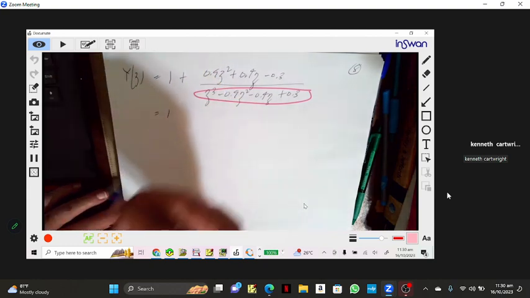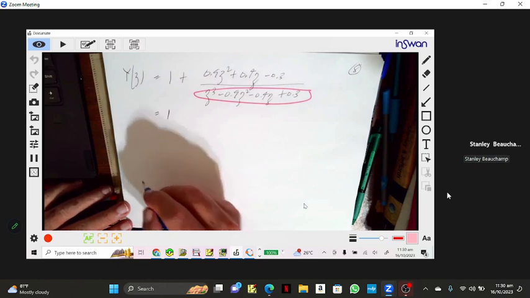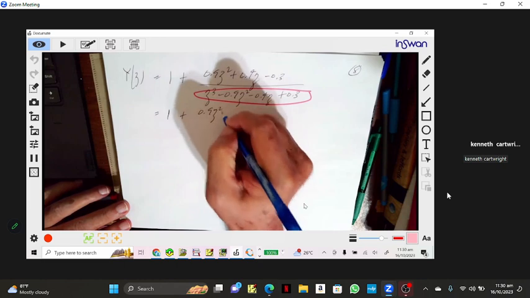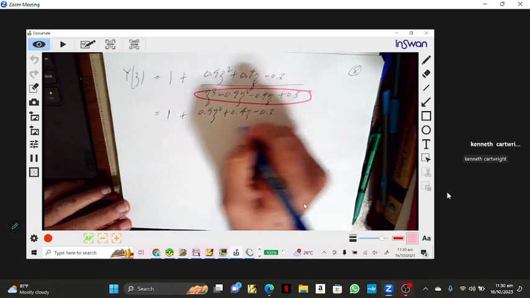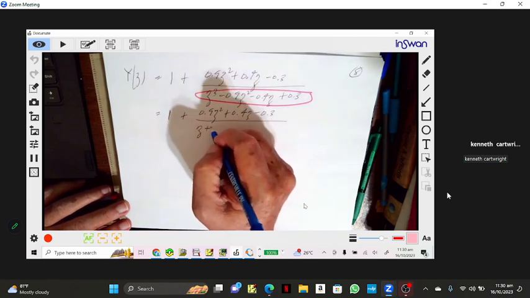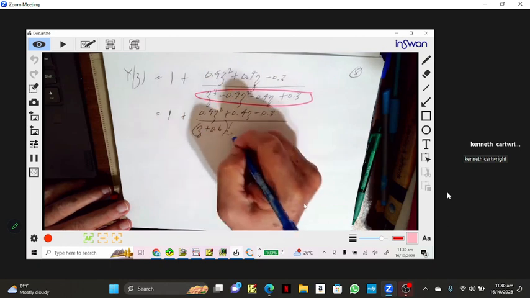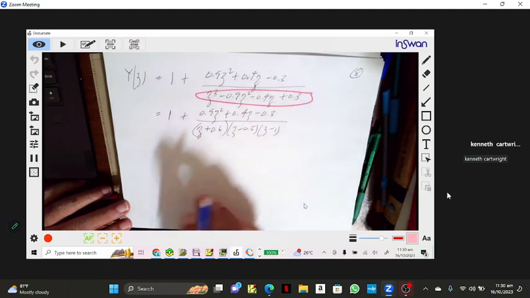You're seeing my writing pad now, right? Yes, sir. Okay. 1 plus 0.9 z squared plus 0.4 z minus 0.3 over z minus root, so that's minus negative 0.6, that's z plus 0.6, z minus 0.5 and z minus 1.